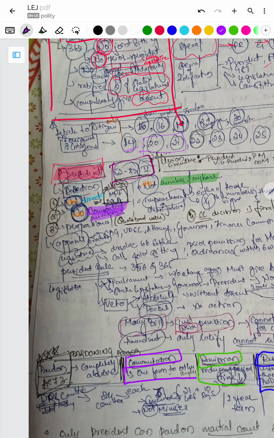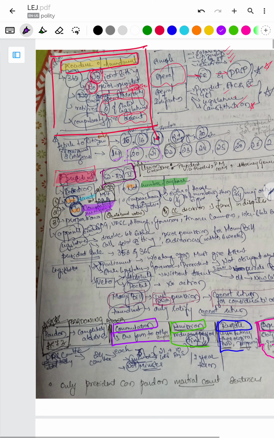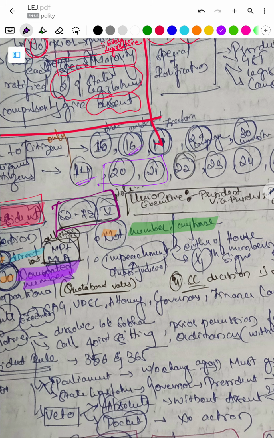What is right to freedom, equality, employment, freedom, equality. This is Article 15, prohibition of discrimination based on caste, creed. This one, employment.